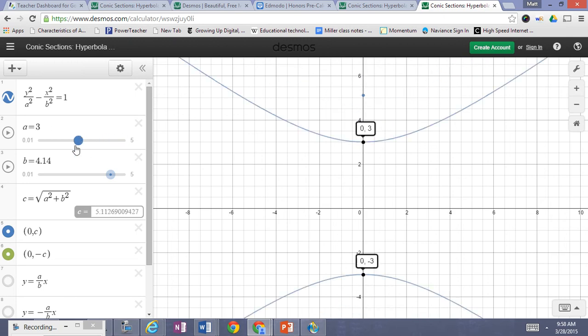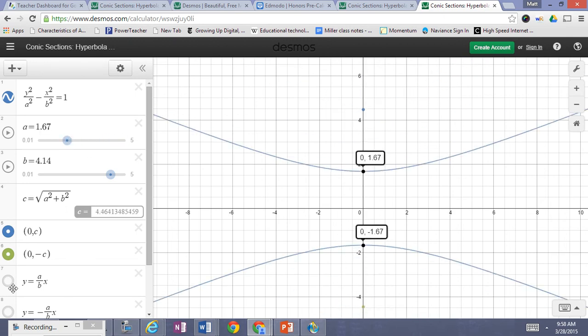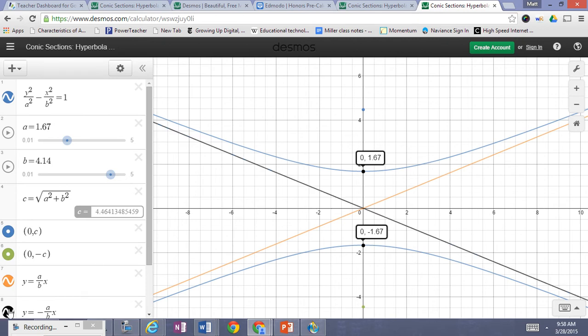The asymptote lines in this arrangement are going to be the lines y equals a over b x, and negative a over b x.